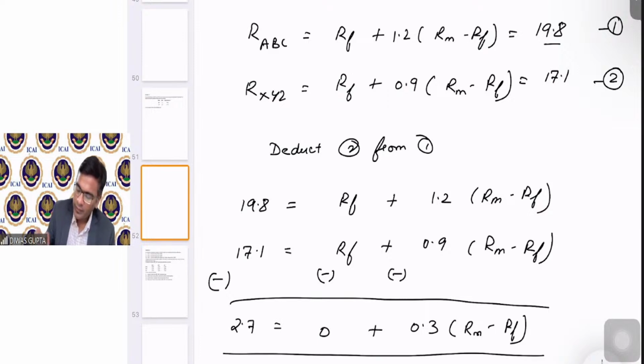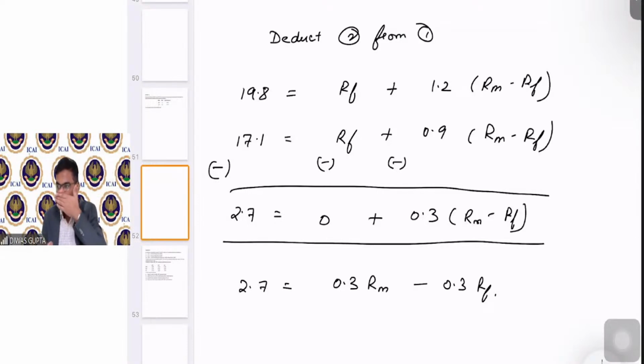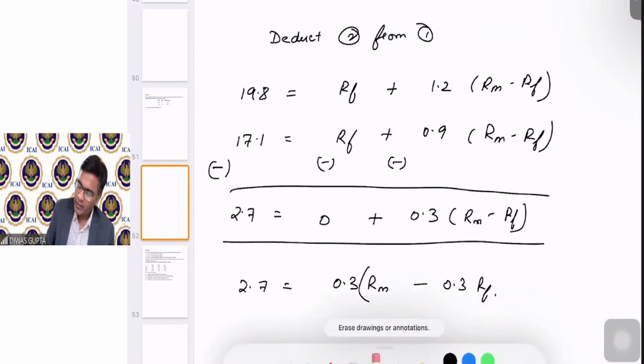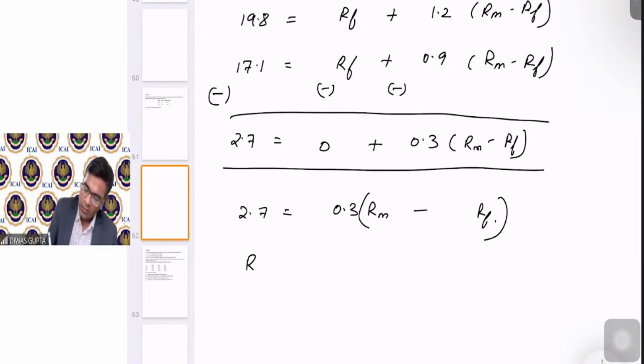Now we can see from here that 2.7 is equal to 0.3 RM minus 0.3 RF. So we can take this value there: 2.7 divided by 0.3, which is equal to 9.